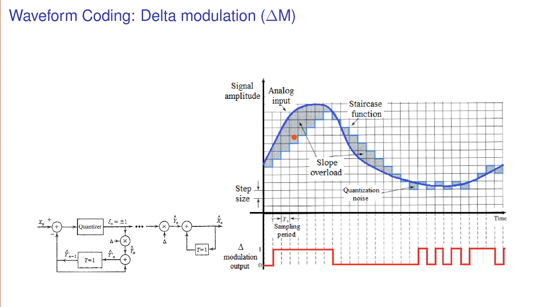Another waveform coding example is delta modulation. Delta modulation works very simply. It's a binary stream. Usually you have your input signal, and you compare it with some waveform reconstruction. If you look, this is your input, the blue curve, and you compare it with the previous level.